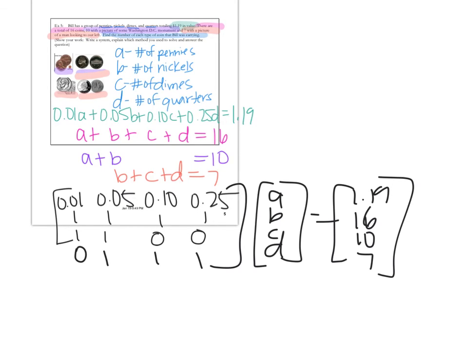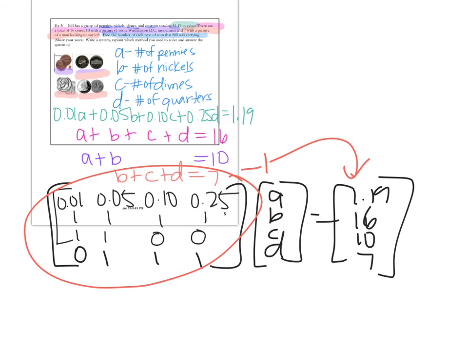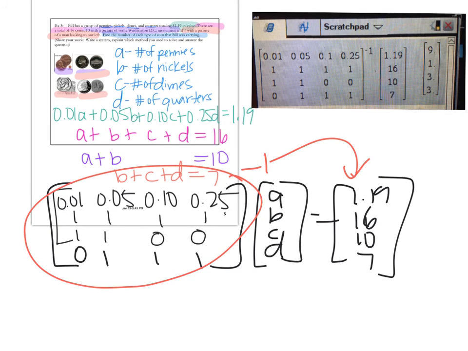And then the last step is to solve this. To solve this, you have to do the inverse of this one times that one. So now you can see the answer I got out of the calculator. It's right there.